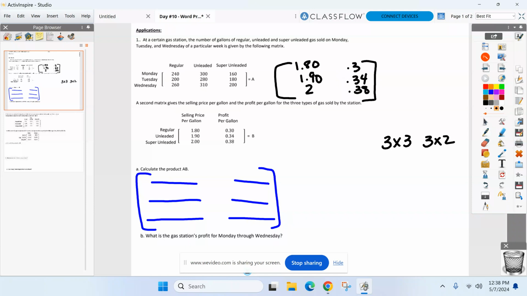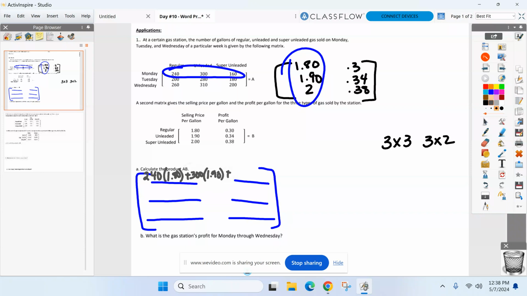All right, so row 1, column 1. Real quickly here, I'll try to fill it in. So what are you multiplying 240 by? $1.80. We add that to 300 times 1.90. I'm running out of room.